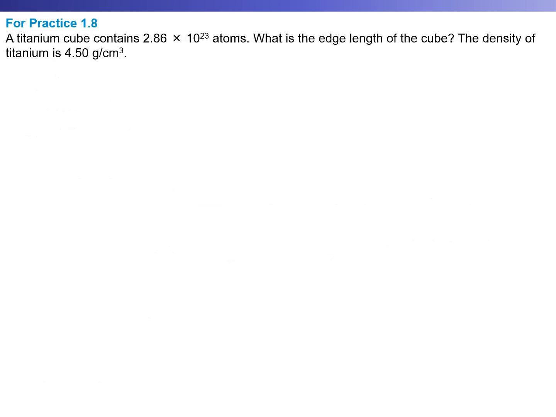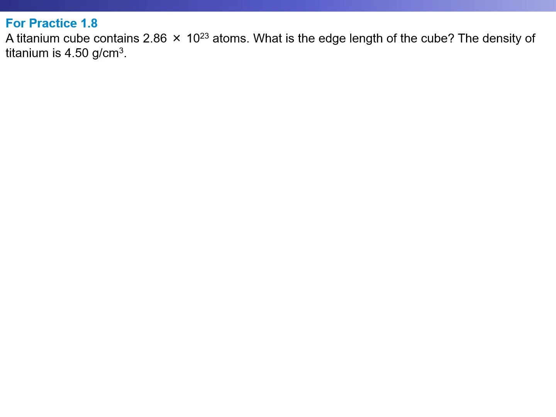Now in problem 1.8, we're being given a titanium cube, and we know how many atoms it contains, and now they're asking us to figure out what is the edge of our titanium cube. So we're going to have to figure out how the volume of a cube is calculated in order to figure out that edge business.